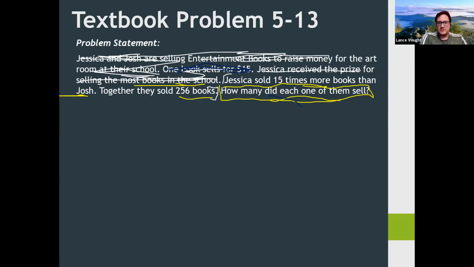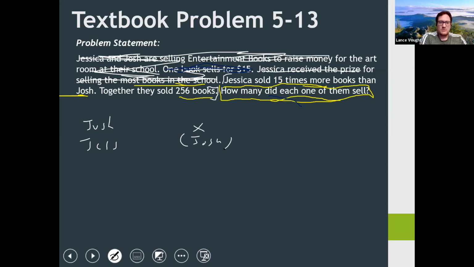They sold 256 together. So our unknowns are how many books Josh sold and how many books Jess sold. If Jessica sold 15 times more books, then we can treat X as the books that Josh sold, and then 15X is how many Jess sold.